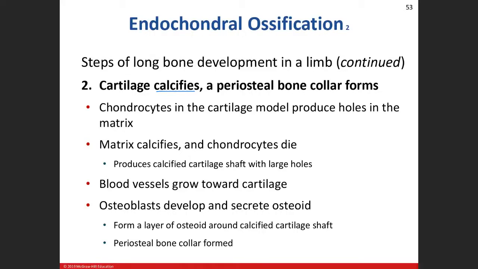Okay? So this is what happens. The chondrocytes will have these holes that start to occur in the matrix. All right? Calcium penetrates into those holes, it gets into the matrix, and it causes the matrix to calcify. And it makes it so hard.